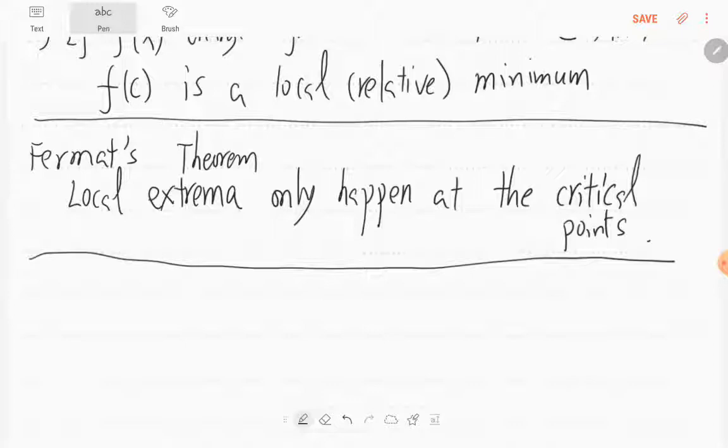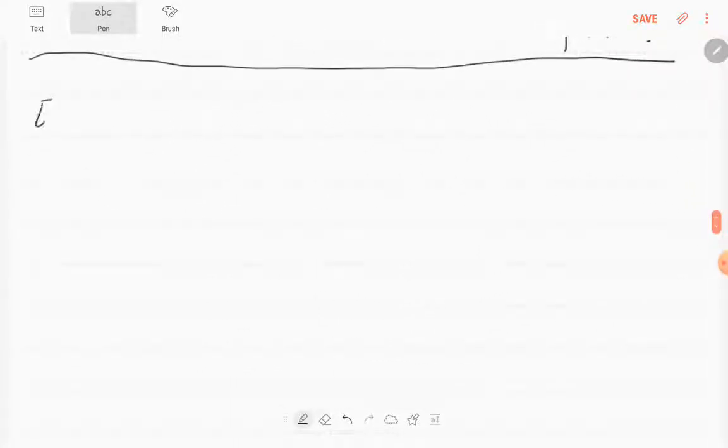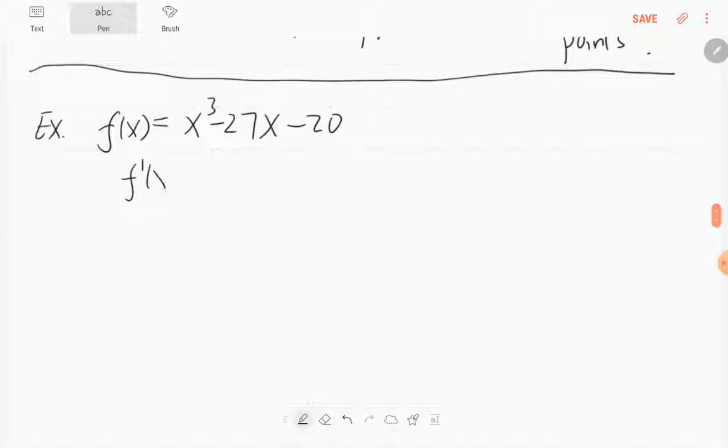So now let's use the example we discussed in the increasing or decreasing function part. That's this example you have seen before. I just write it down again. Since we want to locate the local extrema, and local extrema only happen at the critical points, we have to take the derivative, right?